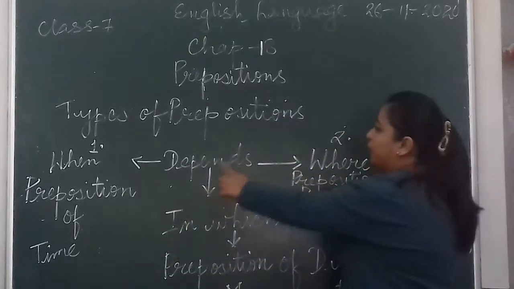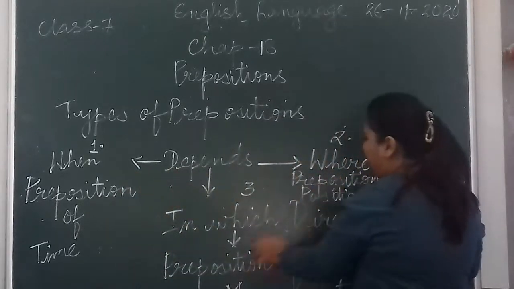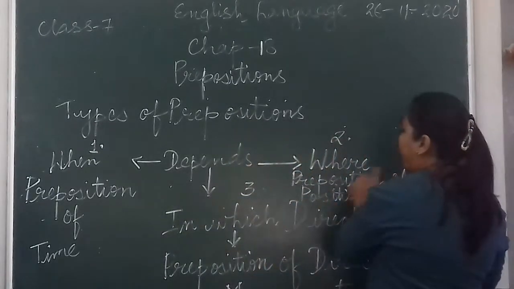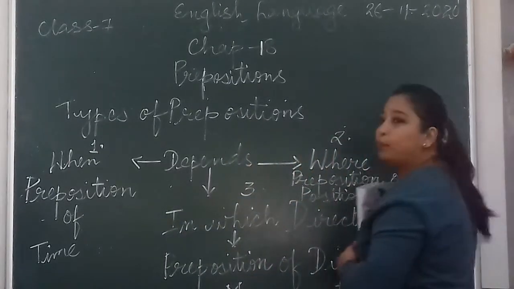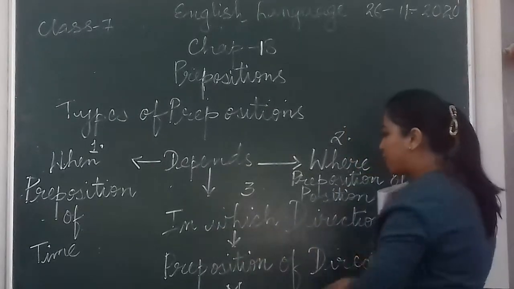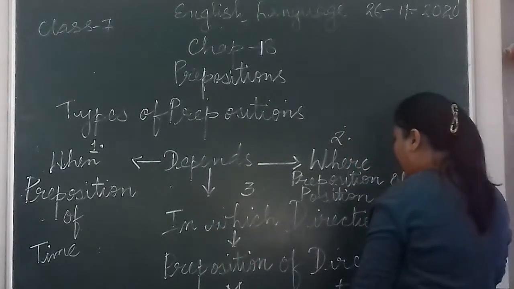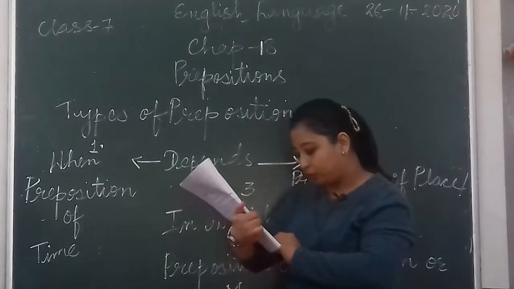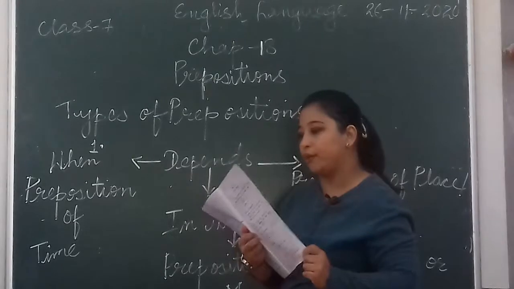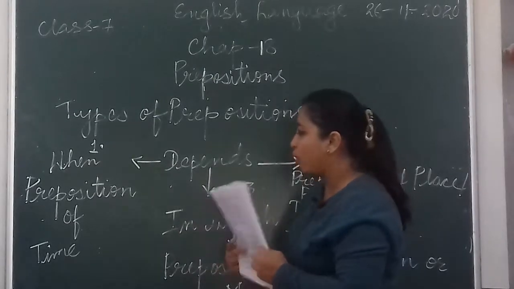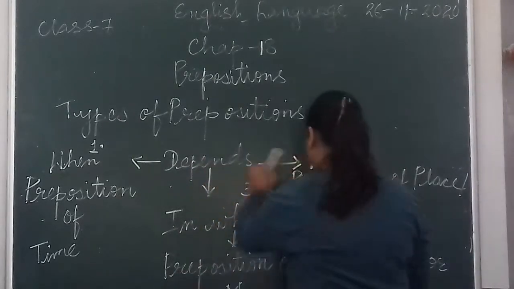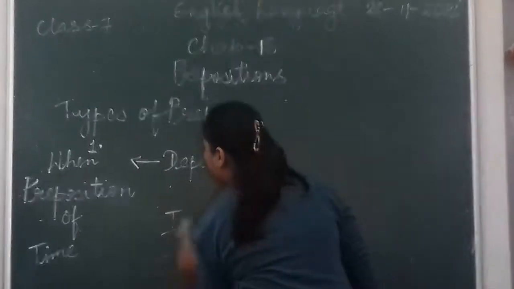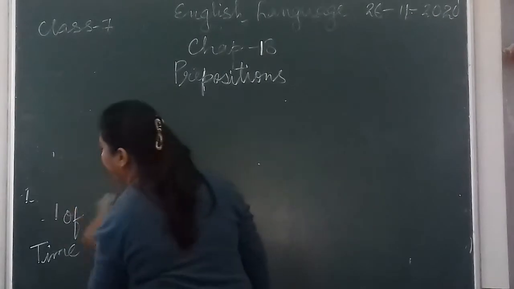It depends on three things: when, where, and in which direction. When is the preposition of time, where is the preposition of place or position, in which direction is the preposition of direction or movement. Okay, now come to the first one, that is the preposition of time.